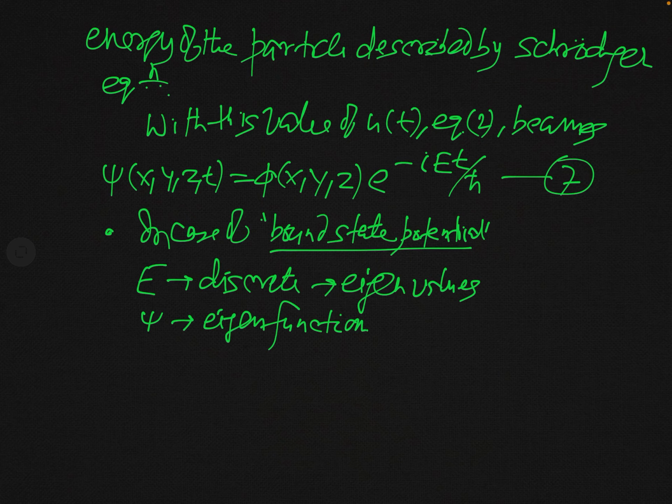Now the most general solution of the Schrodinger equation, which we have defined earlier, is given as the linear superposition of the solutions of the form defined in equation 7.